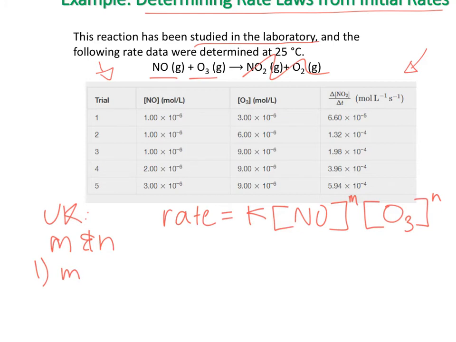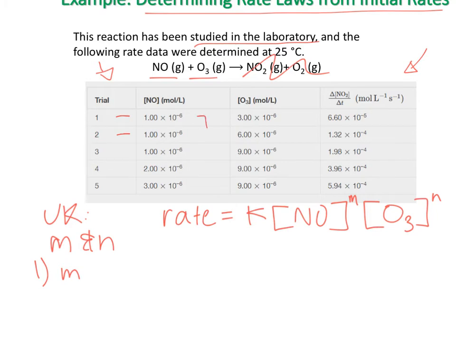So for M, the power that we're raising NO to, we need to look at where NO is changing, but O3 is staying constant. You're always comparing 2 trials, okay? So first, start off with 1 and 2.